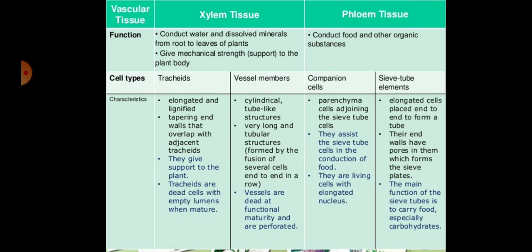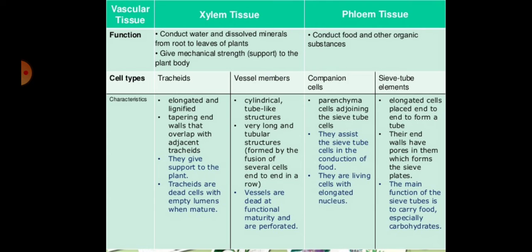Tracheids are dead cells with empty lumen when mature. Vessels or vessel members are dead at functional maturity and they are perforated. They are very long, tubular, cylindrical tube-like structures, we can say.